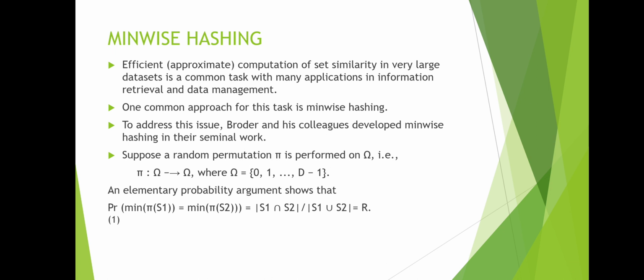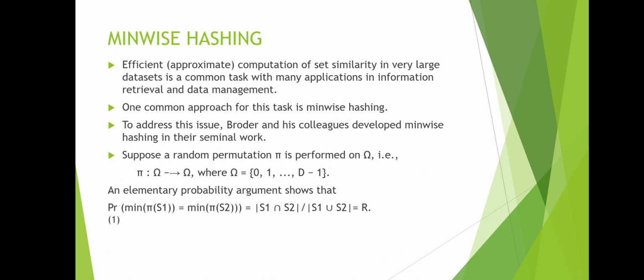To address this issue, Broder and his colleagues developed the minwise hashing formula in their seminal work. Suppose a random permutation pi is performed on omega, that is pi: omega to omega, where omega equals {0, 1, ..., D-1}.